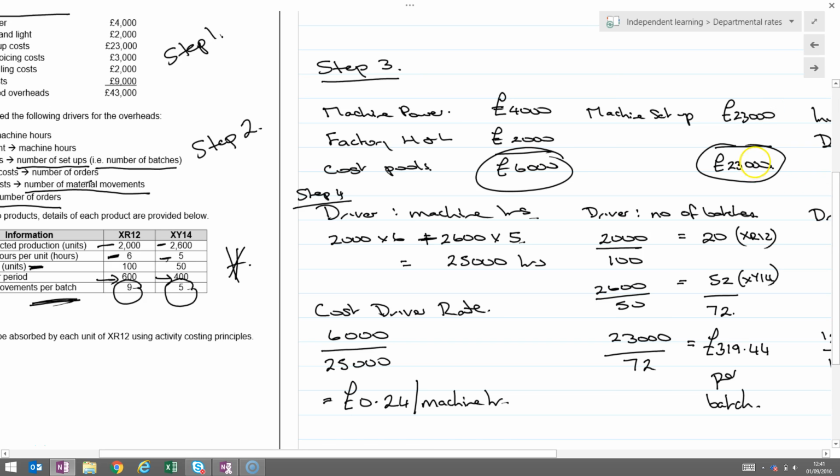So the cost driver rate, £2,000 divided by 440 gives us £4.55 per movement. So there we have it. We have 4 cost driver rates.